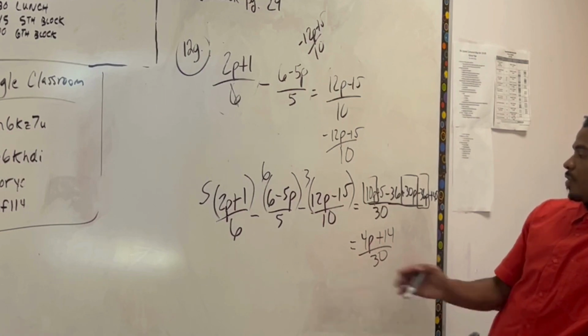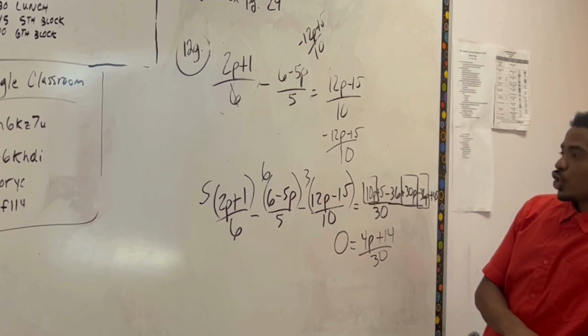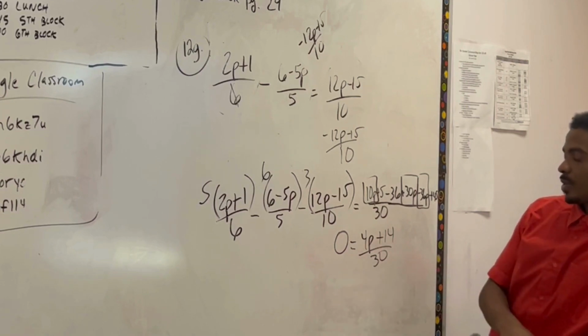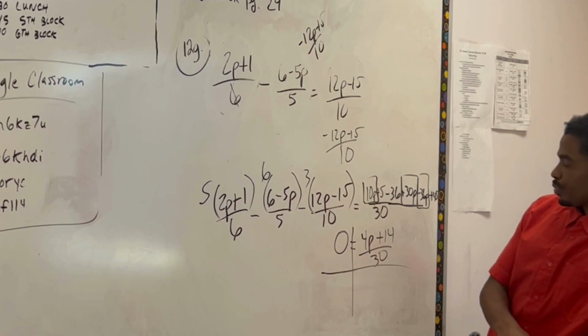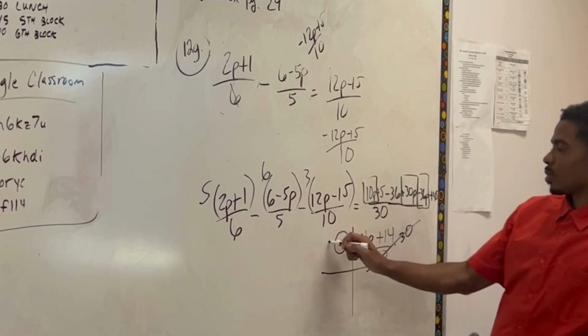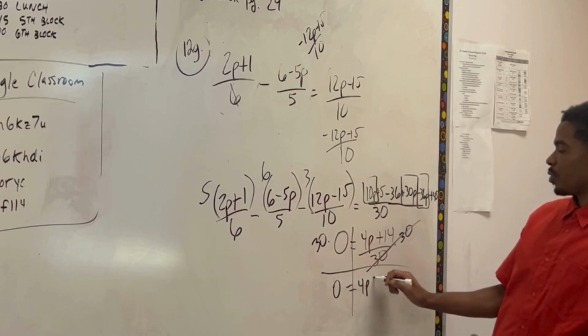So essentially, if this is here, we can basically make it seem like, guys, there's nothing on this side. We combine everything. So you can really think of it as 0 equals 4p plus 14 over 30. All right. Last step. What do I got to do? So that's 0 equals 4p plus 14.